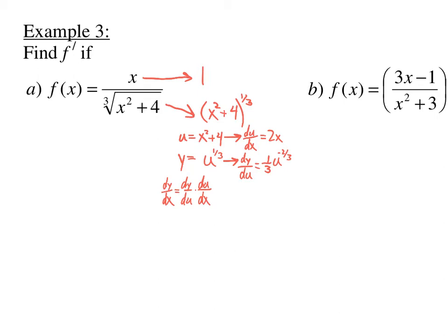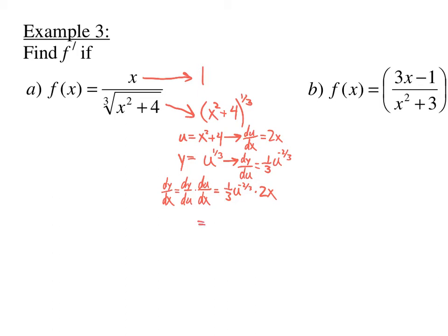So at this point, really, we're just trying to get the derivatives that we need to then use in the quotient rule, all right? So we do dy du, which is a 1/3 u to the negative 2/3 times du dx, which is a 2x. And at this point, before we put it into the quotient rule, we should go ahead and plug u back in.